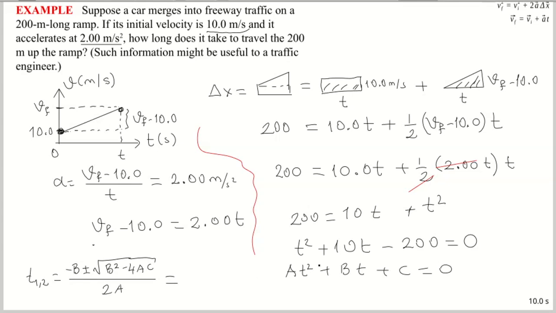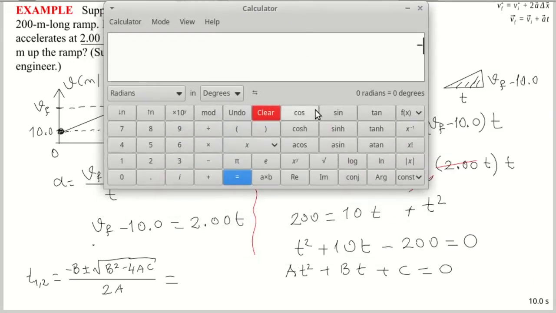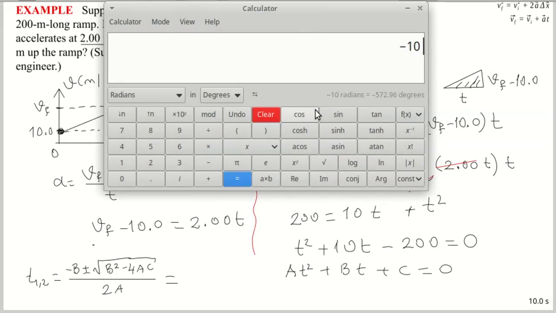If we plug in the numbers, 1 for a, 10 for b, minus 200 for c, we get minus 10.